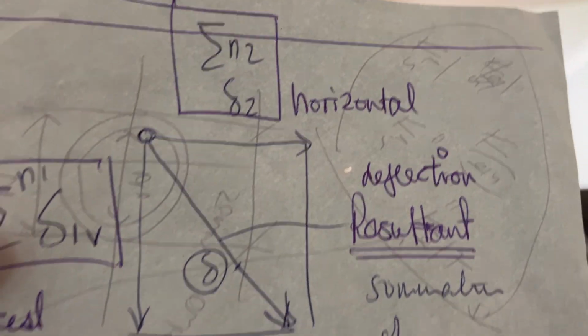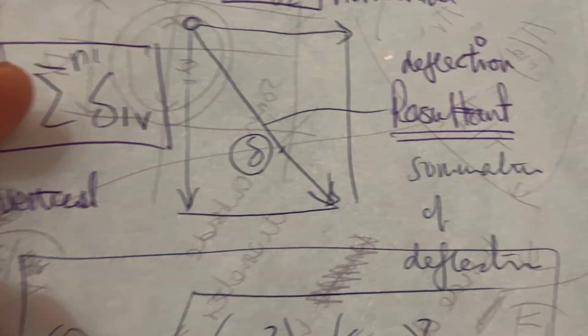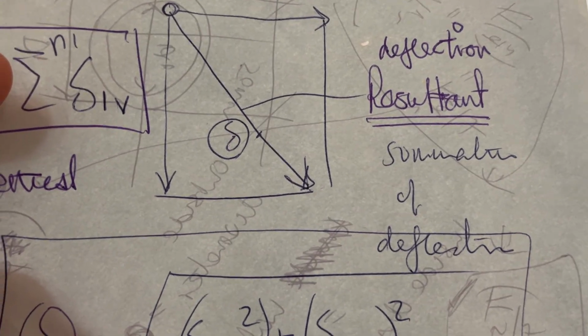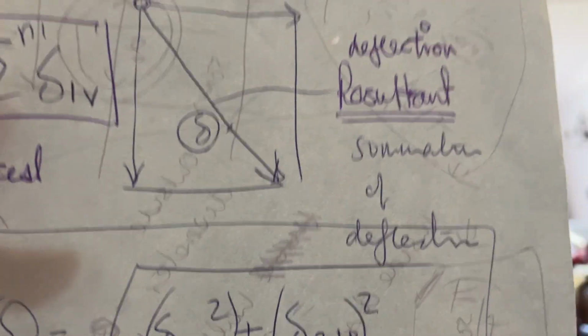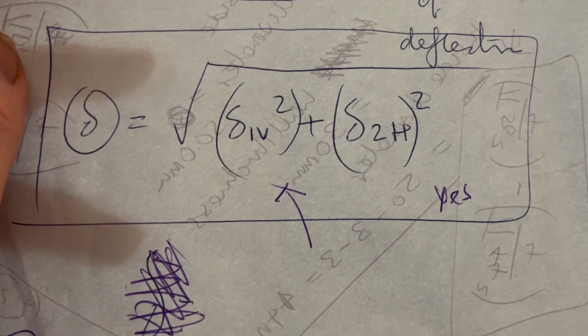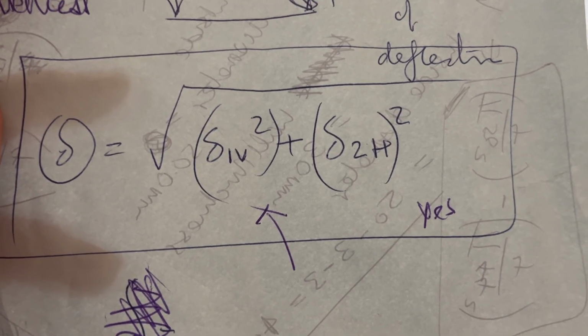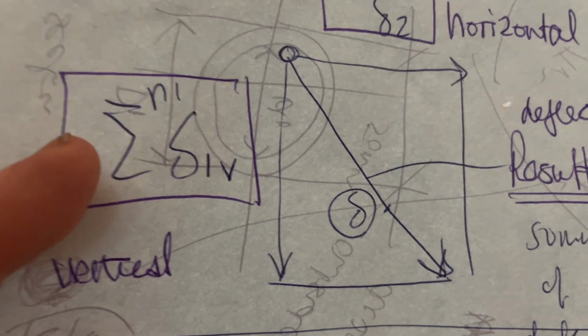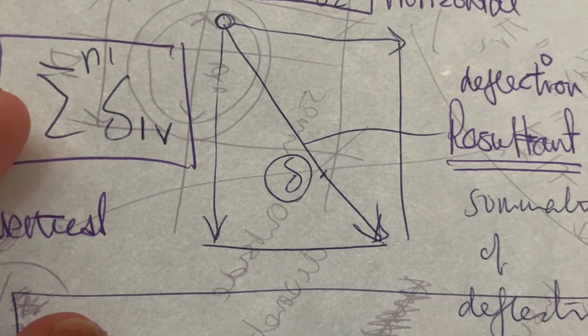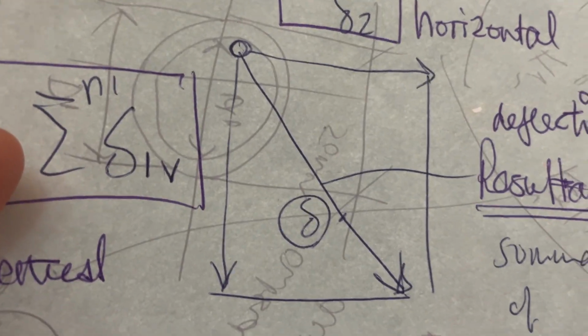So you've got the horizontal component, the vertical component, and then the resultant is the diagonal. So delta resultant equals the square root of delta 1V squared plus delta 2H squared. So that's how you get the resultant deflection. Oh, and the angle, obviously.